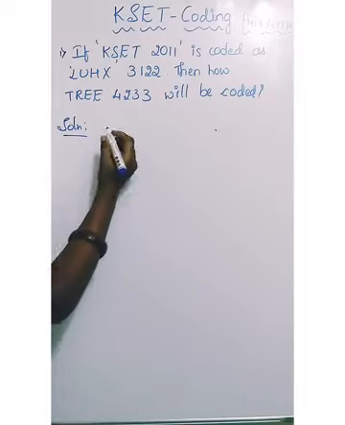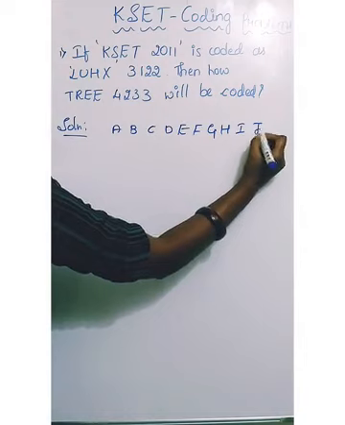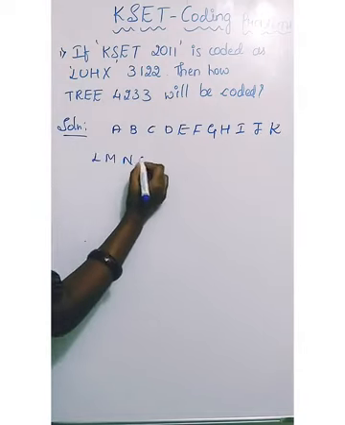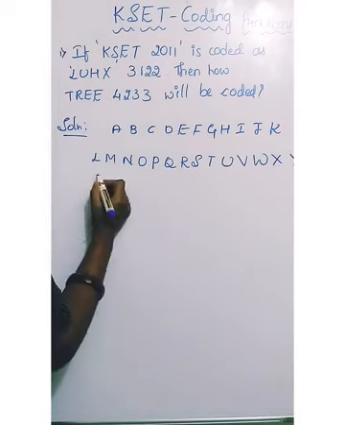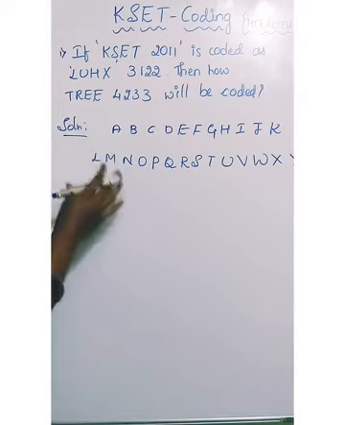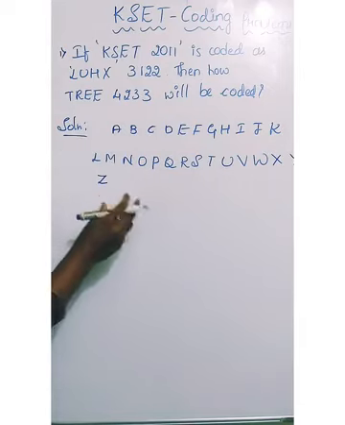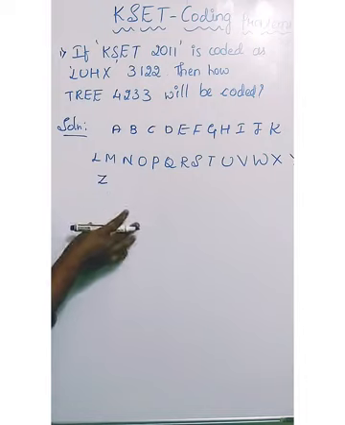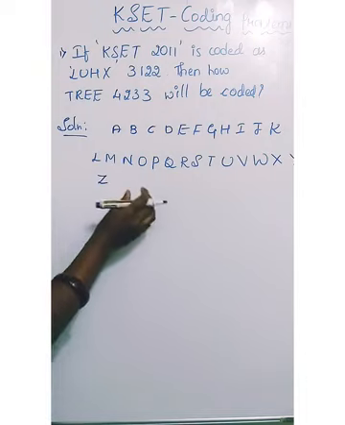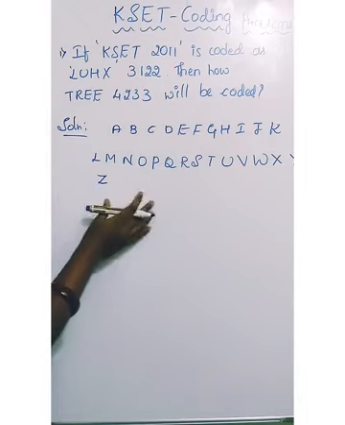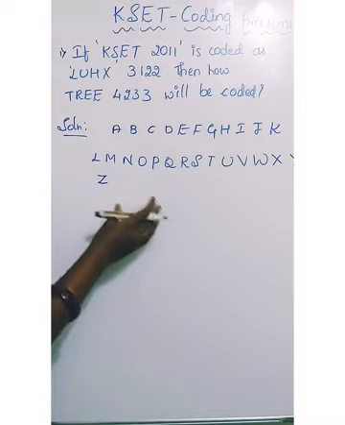First I'll write A, B, C, D, E, F, G, H, I, J, K, L, M, N, O, P, Q, R, S, T, U, V, W, X, Y and Z. When a coding problem is asked, that method should automatically come to your mind. First of all, you should write all the alphabetical letters on your paper when rough work is given.